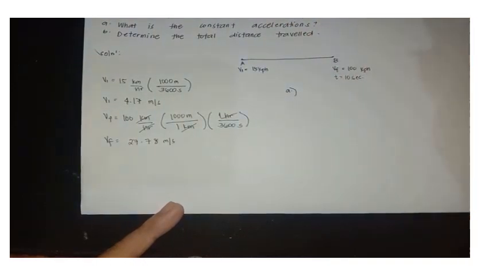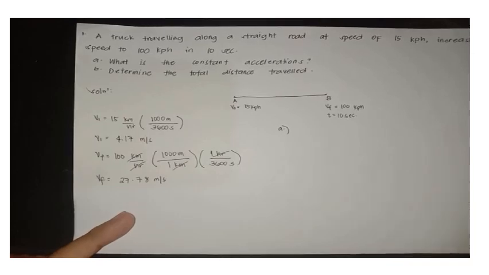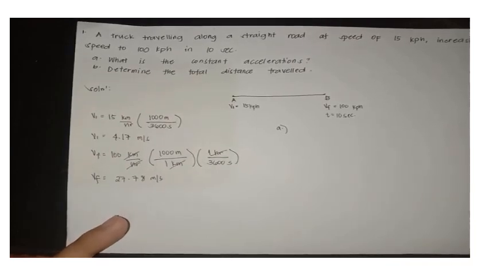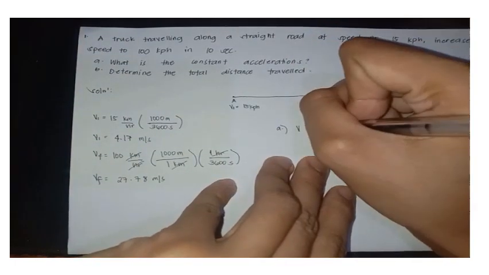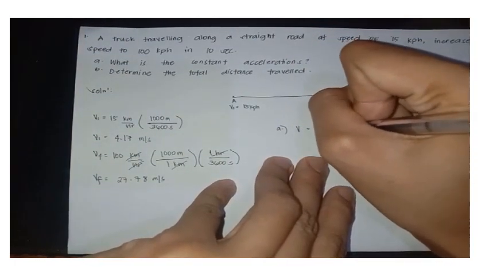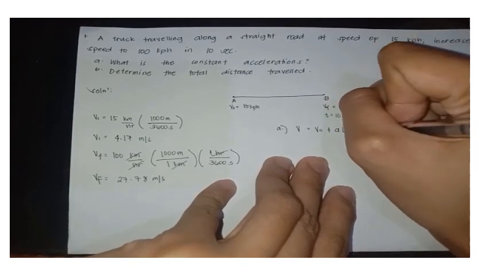For A, what is the constant acceleration? We can use the formula: final velocity is equal to initial velocity plus acceleration times time.